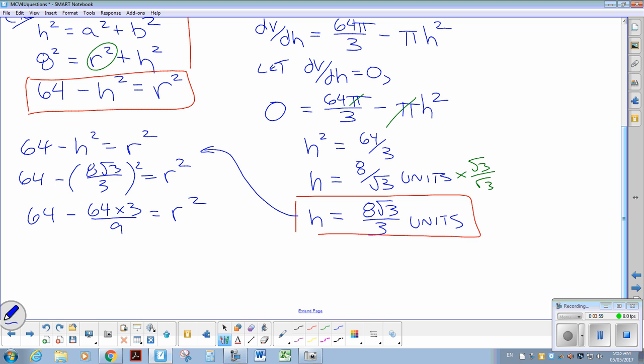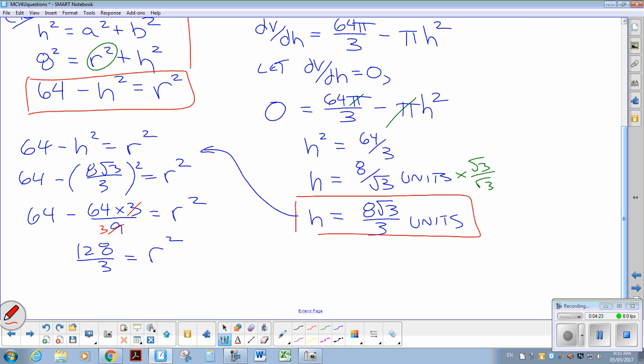So the 3 will cancel down that 9, reducing it to a 3. Pretty sure 64 doesn't go into 3. So it'll be 64 minus 64 thirds, and in proper form that gives me 128 over 3 equals r squared.